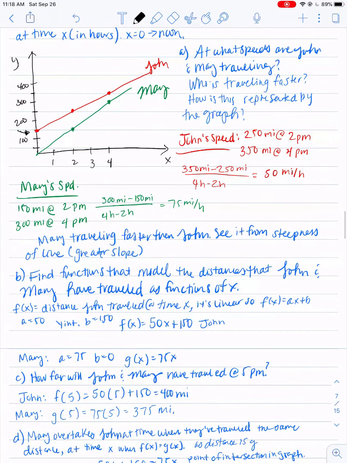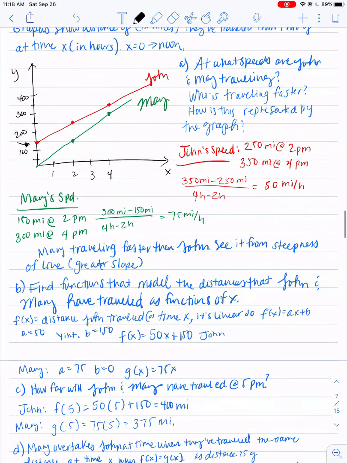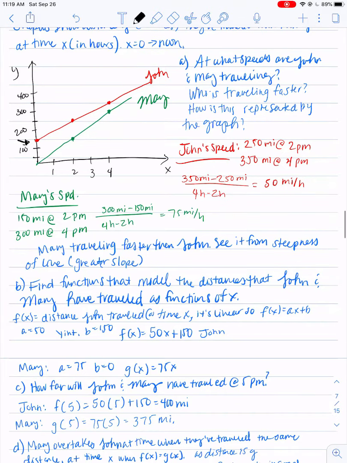And we know it's linear, so our f of x is going to equal ax plus b. So we found our a in part a, which is 50 miles an hour for John's speed. And then his y-intercept b is 150 because that's the distance we see that he started at. So f of x equals 50x plus 150 for John.